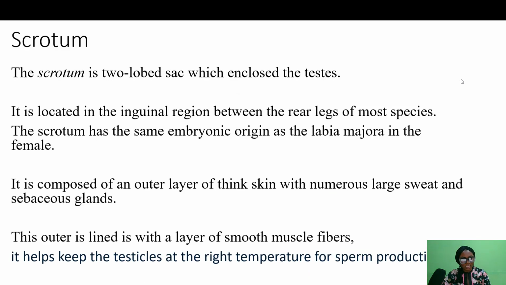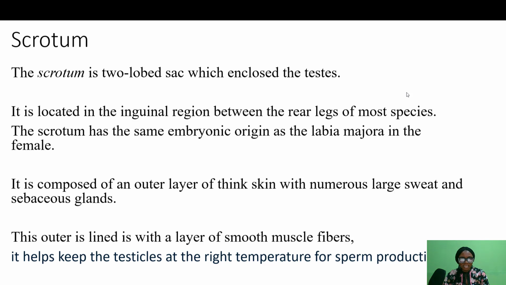Now, let's start from the beginning. Scrotum. The scrotum is the outer part that you see when you look at a male animal. That's the outer testis, the ball-like part covered by a fibrous membrane that is relatively hairless, and it is called the scrotum. The scrotum is a two-lobed sac which encloses the testes.